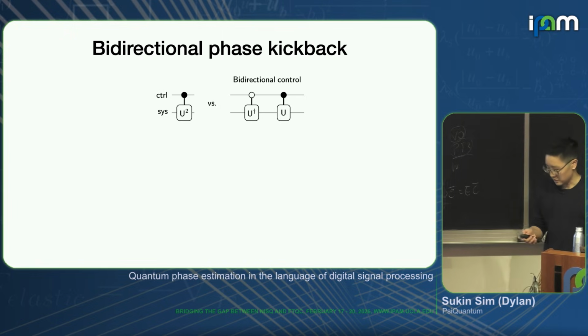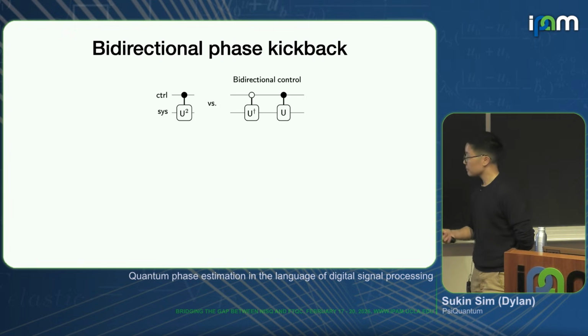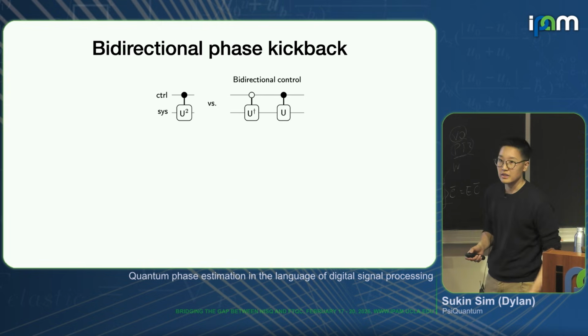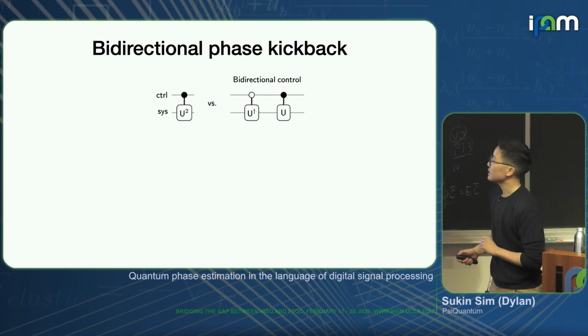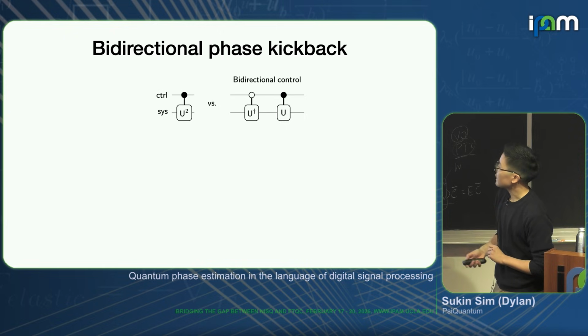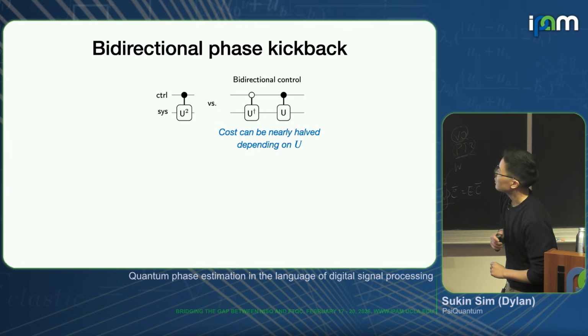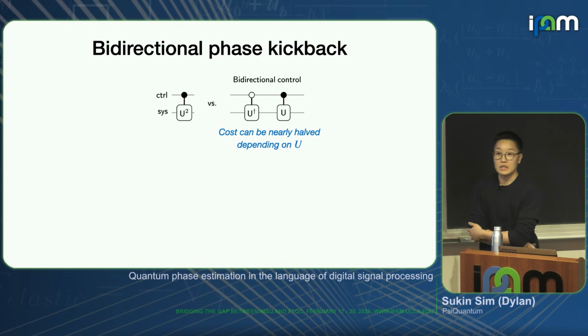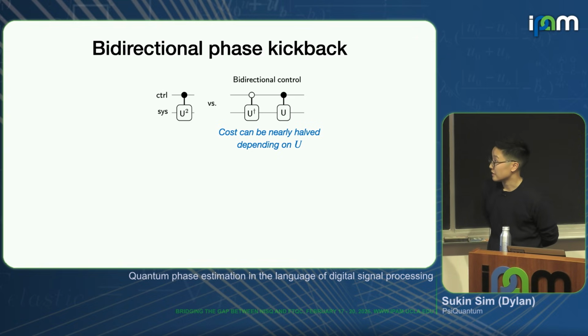And let's go back to the idea of bidirectional control, where in these 2 cases, we're making 2 queries worth of quantum resources. But it turns out that in the bidirectional control case, we can save, by a factor of 2, the number of queries to U we need to make.